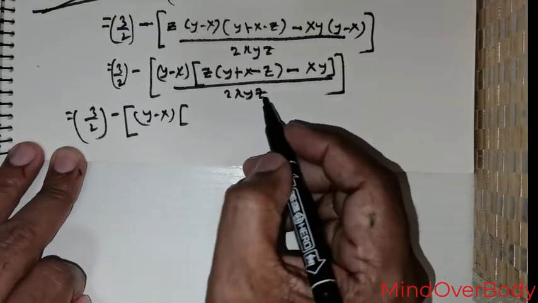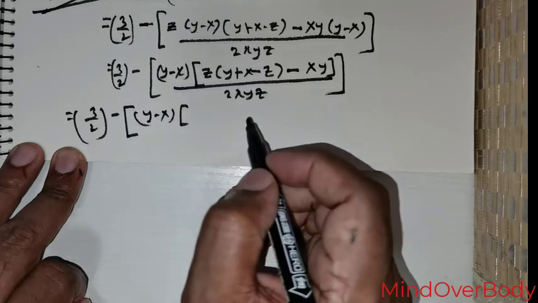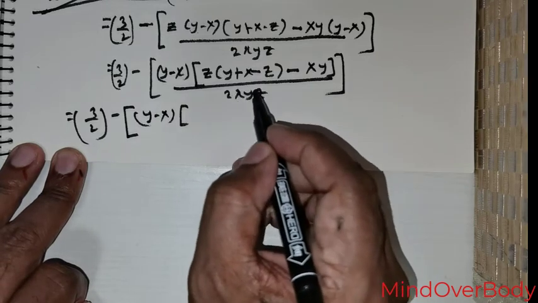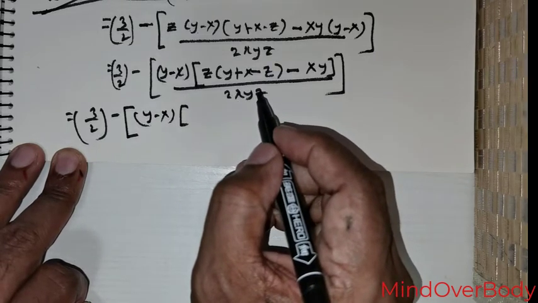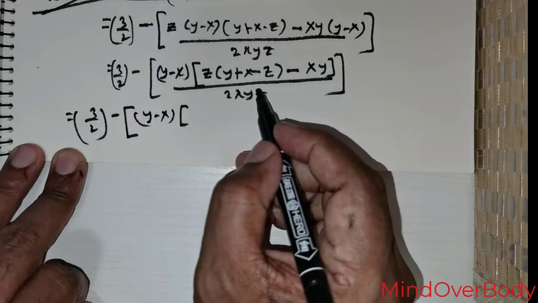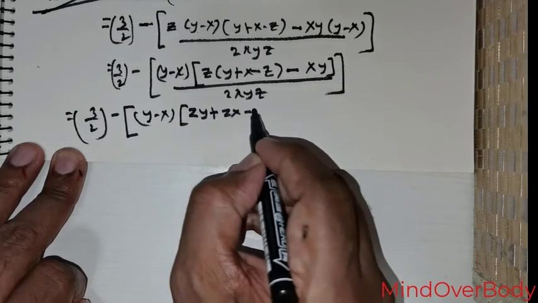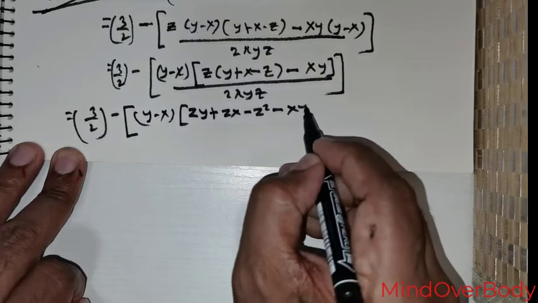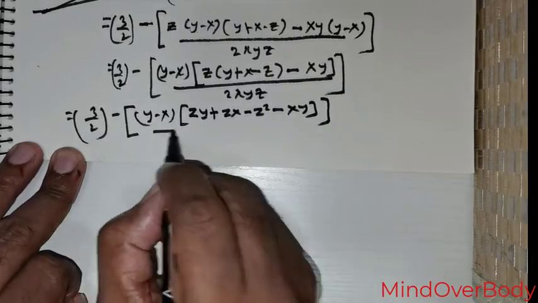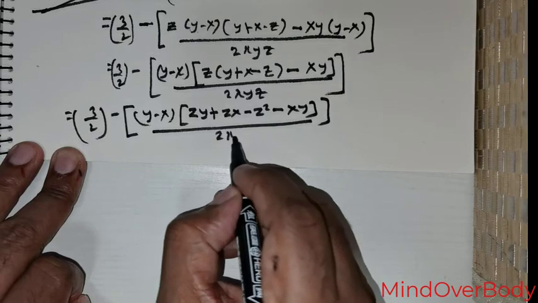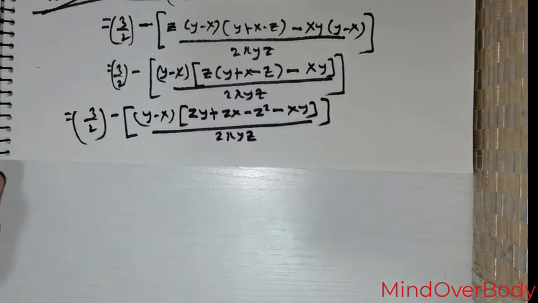Fine. Now in fact I can actually rewrite this as zy positive zx negative z squared negative xy divided by 2 times xyz.